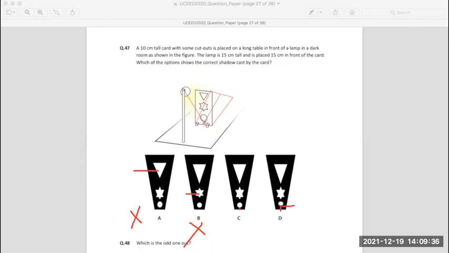This distance will always be smaller. Why? Because of this blue colored angle which I'm drawing right now.